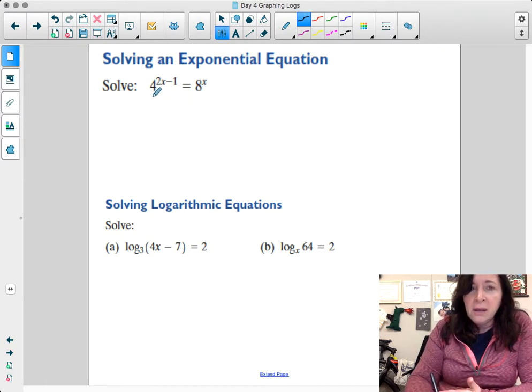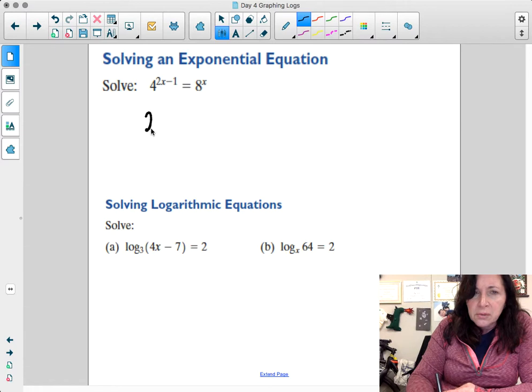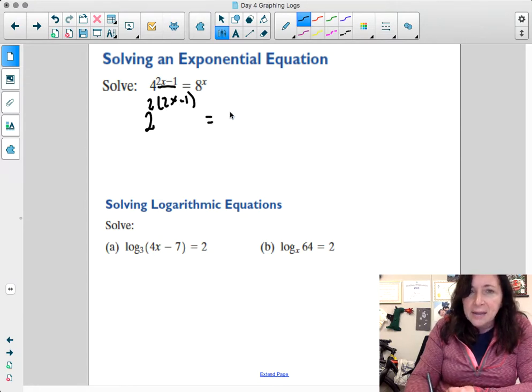However, I can break these down to 2's. So 4 can be rewritten as 2 to the second power. But notice that there's already a 2x minus 1, so that stays up there. That doesn't come out, that has to stay there. 8 can be rewritten as 2 to the third power, but again, notice the x there.